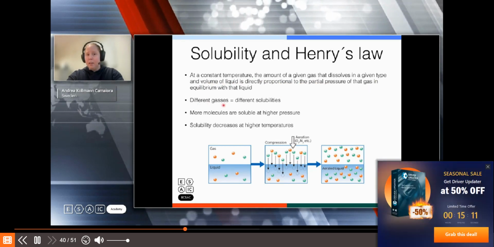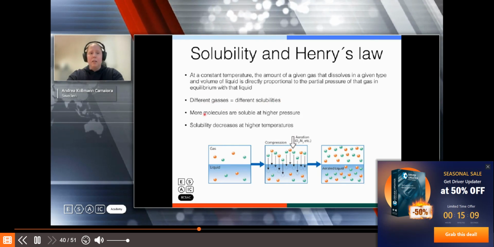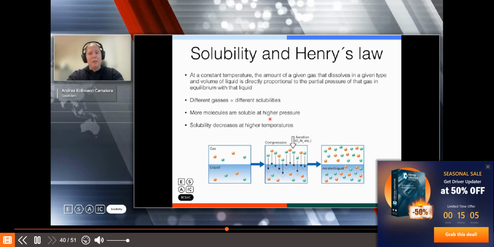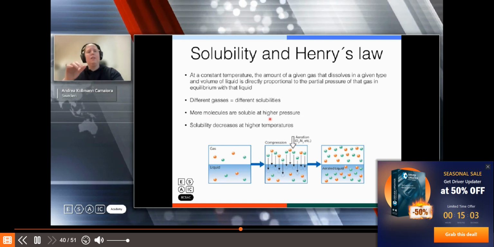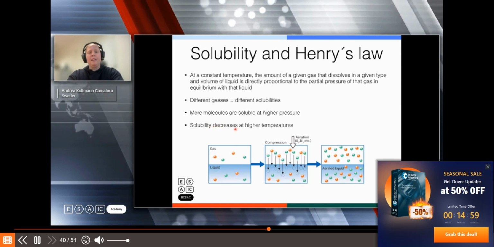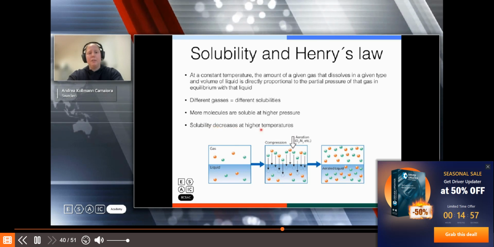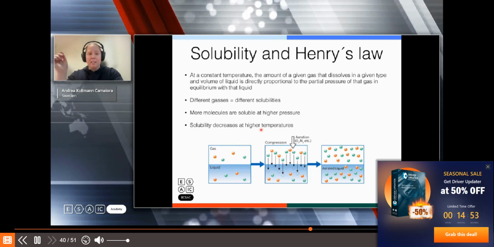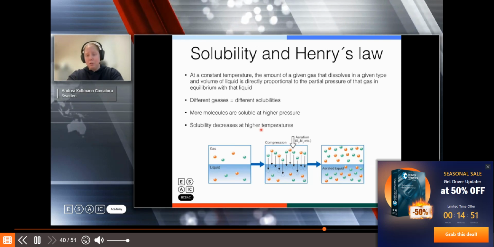Different gases have different solubilities. More molecules are soluble at higher pressure because I'm pushing them to dissolve. And solubility decreases at higher temperatures because if the molecules have more energy, they don't want to dissolve.